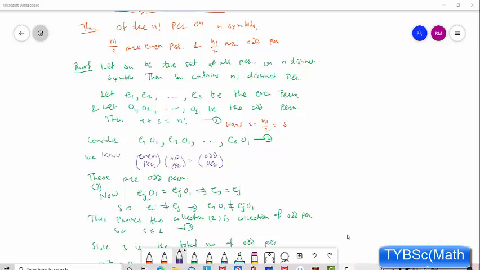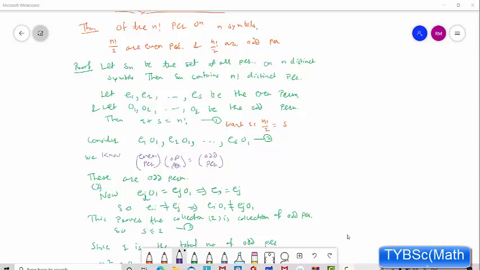This theorem states that of the n factorial permutations on n symbols, n factorial by 2 are even permutations and n factorial by 2 are odd permutations. Meaning 50% are even permutations and 50% are odd permutations in Sn. So all of you understand this statement. Let us start our proof for this theorem.